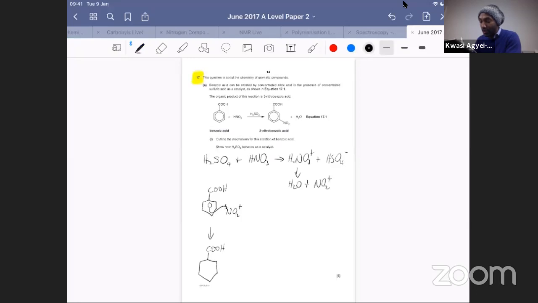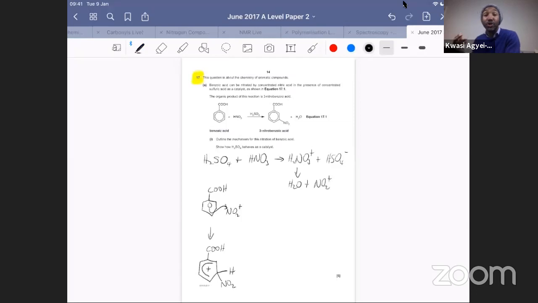If we show the pi electron density as such, making sure that it doesn't go beyond carbon number 2 and carbon number 5 as far as the position of your electrophile is concerned. So we've got our NO2 there, and we've got our hydrogen there.